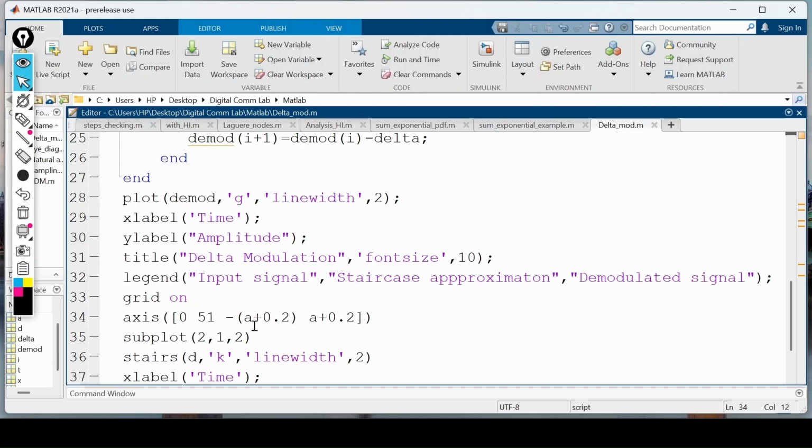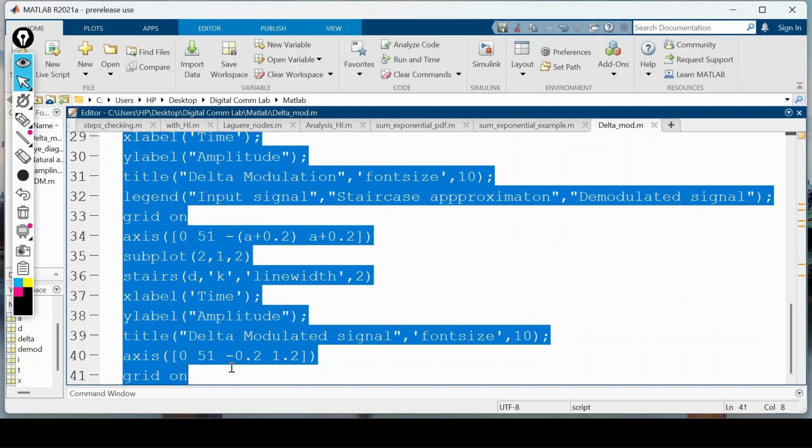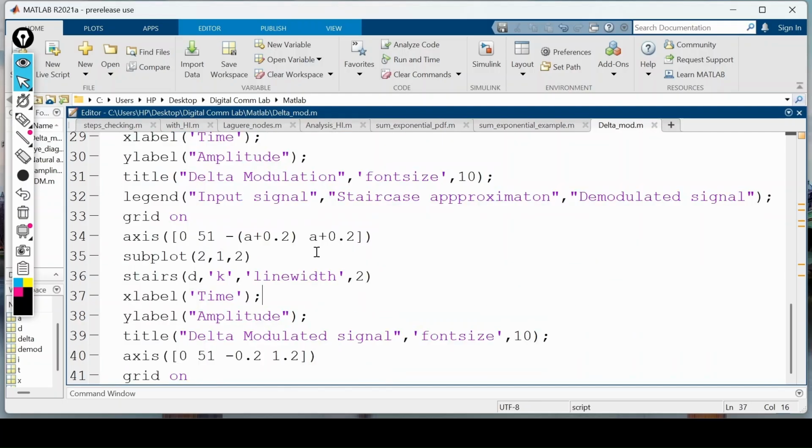And a equals the amplitude of the signal, so we have plotted to visualize the sinusoidal signal, a plus 0.2 and minus, that is, we have scaled the y axis. So from here to this part, it is nothing but plotting of the signal.